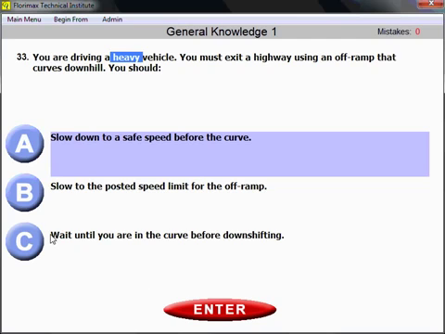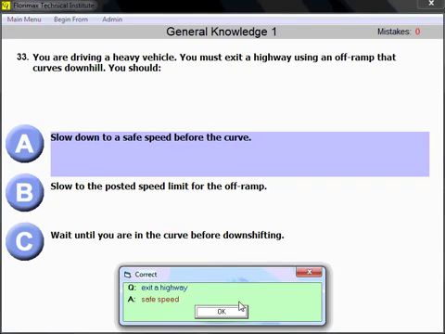You don't have to wait until you're in the curve. Again, that would be very unwise and not safe. So, when you need to exit a highway on a heavy vehicle, please slow down to a safe speed before the curve. Safe speed before the curve.